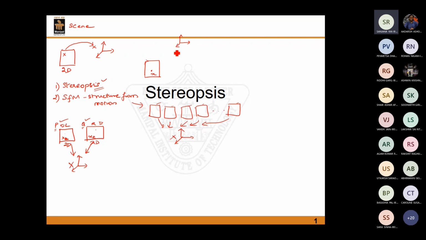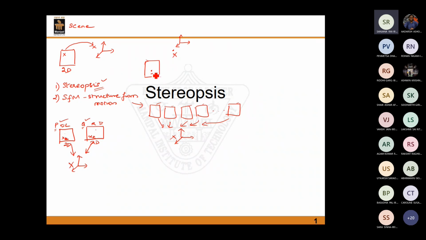I'm representing it by capital X. Now, one more thing I would like to tell you is that as we move further on this topic, the small letter notations are used for the 2D points, and the capital letters are used for the 3D point notations.